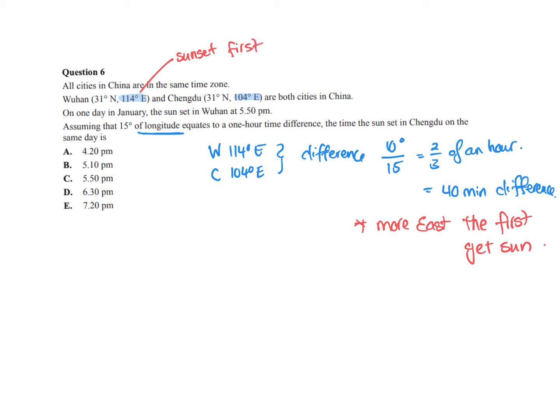So Wuhan is 40 minutes ahead. They have the sunset, and then 40 minutes later is going to be Chengdu. So what's 40 minutes onto 5:50? 6:30, that's right.